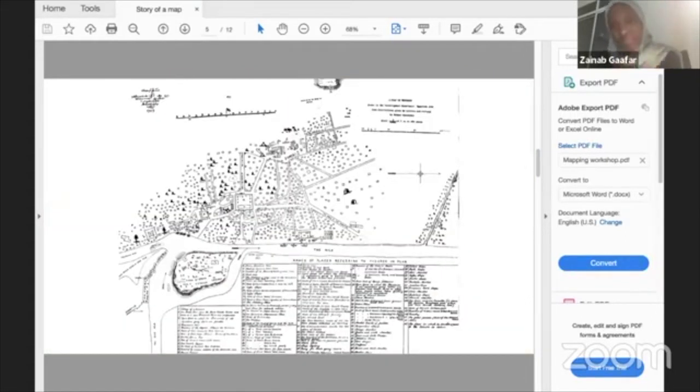This map, for example, was built on storytelling. A group of people who lived in Omdurman during the Khalifa time were describing how the city was during that time.